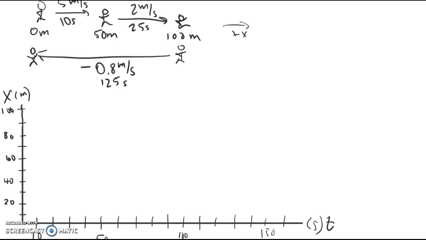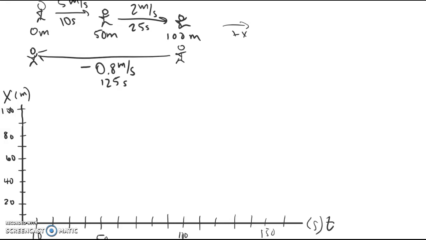Looking at our diagram, we're running 10 seconds, then 25 seconds, then 125 seconds, giving us 155 seconds total. So that's why I went to 160 seconds on my horizontal axis, and on my vertical axis we have position, since we're making a position versus time graph.